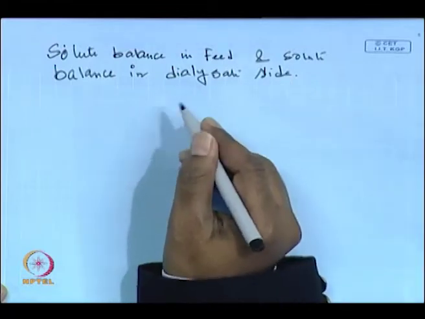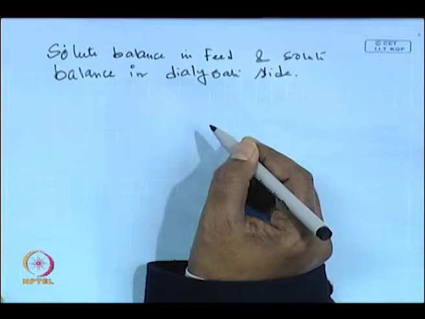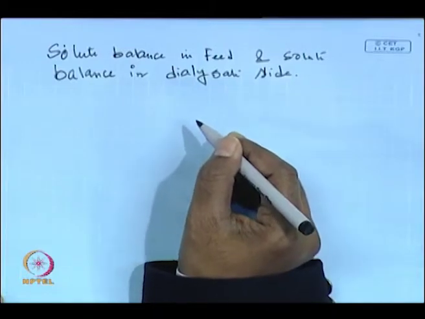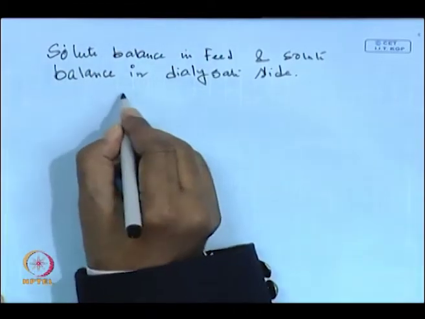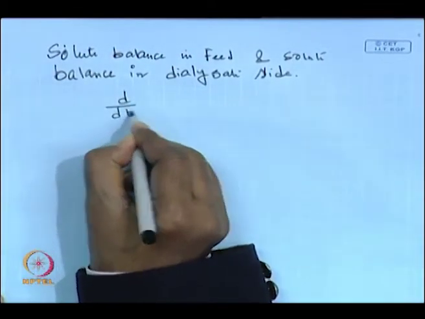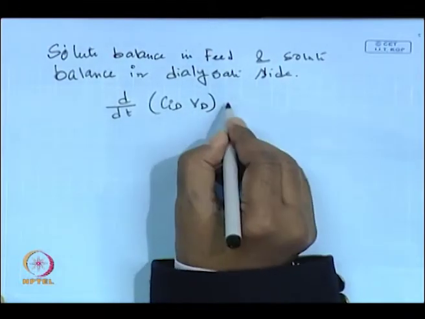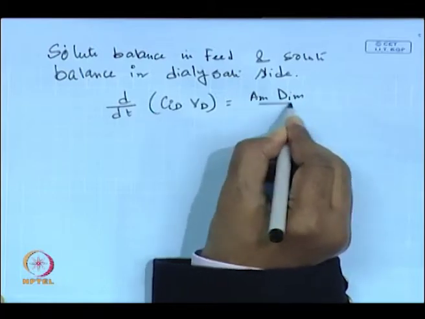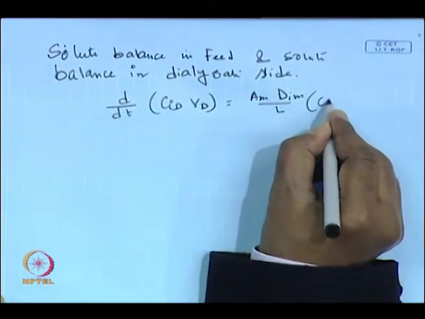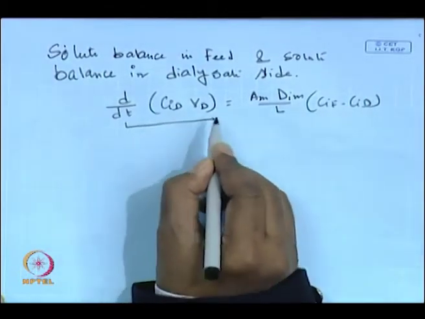If you write down the equation, it is basically accumulation is equal to in minus out. Rate of accumulation is equal to rate of material in minus rate of material out. So, d/dt of CID multiplied by Vd is equal to Am DIM/L times (CIF minus CID). This is the rate of accumulation.